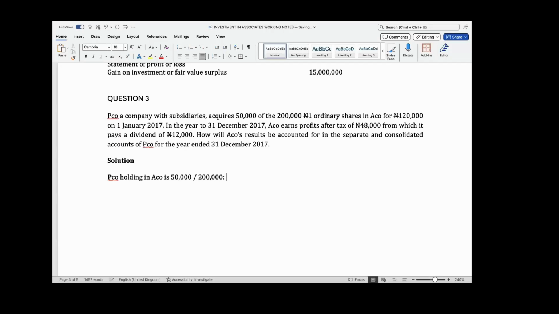Have you observed any similarity between the way this equity method works, the way these investments in associates work using the equity method, and the way we account for NCI? Have you observed that it's the same thing? If you remember, for NCI, we just do value of NCI and share of profit as NCI share of subsidiary's profit.